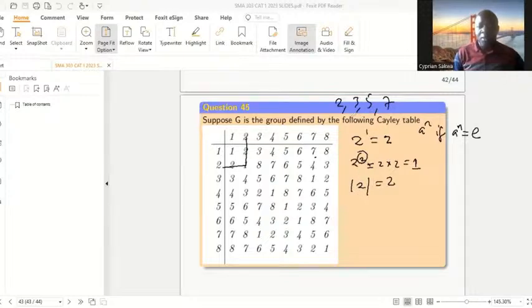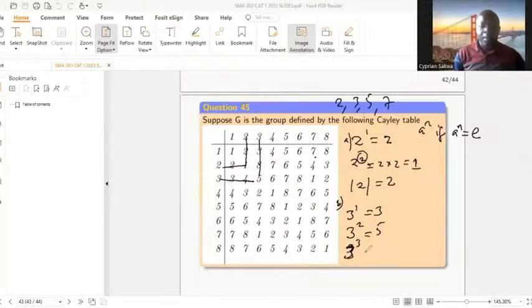Let me check the order of 3. 3 raised to 1 is just 3. What about 3 raised to 2? This is 3 times 3, which is 5. What about 3 raised to 3?